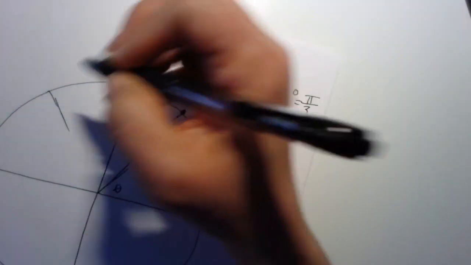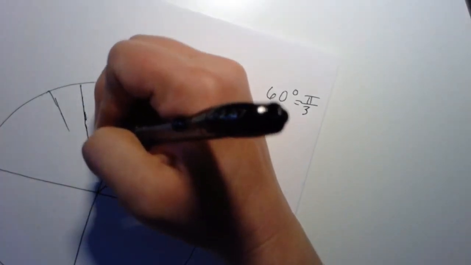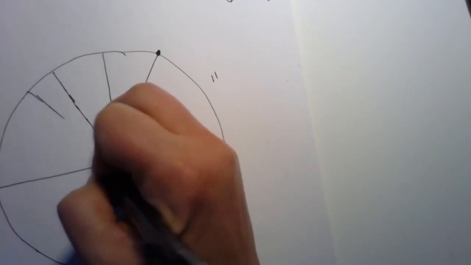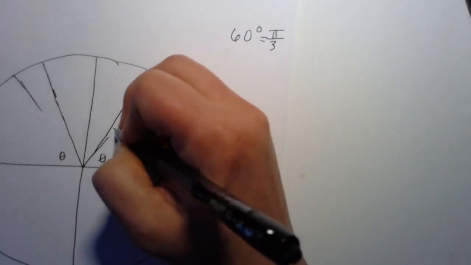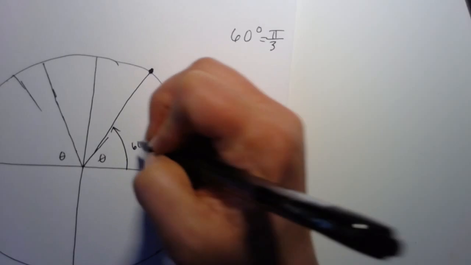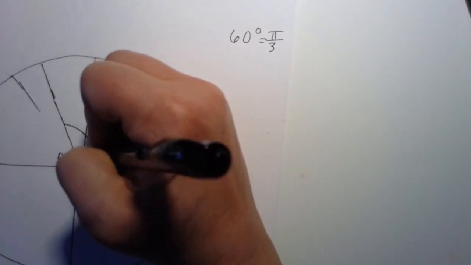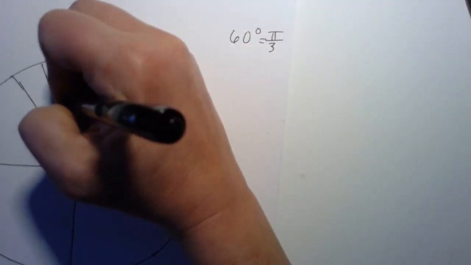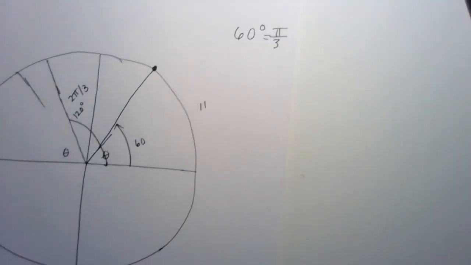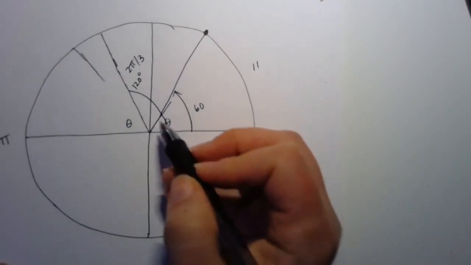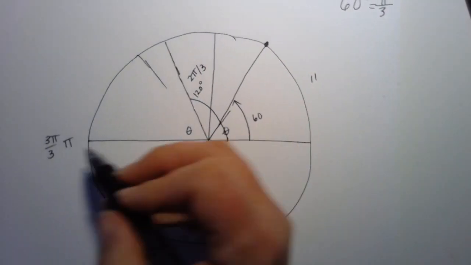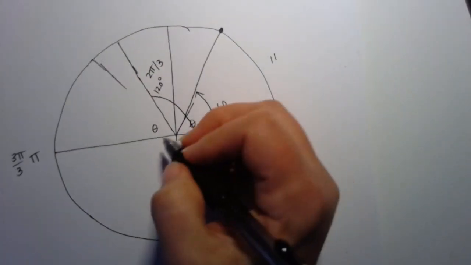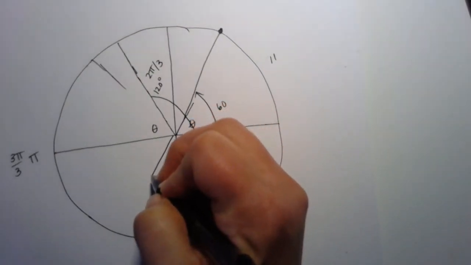We'll say that this is theta. Now this whole angle here is 60 degrees. This angle here would be 120 degrees, or 2 pi over 3. And this angle here is 180, which is the same thing as 3 pi over 3, which is just pi. So this also breaks it into the same thing down here.